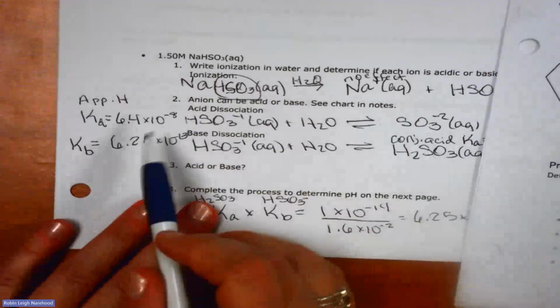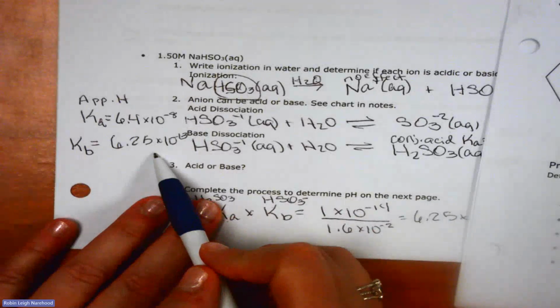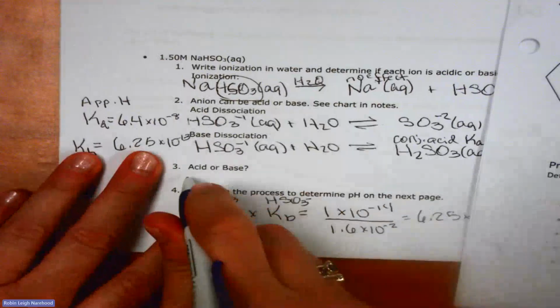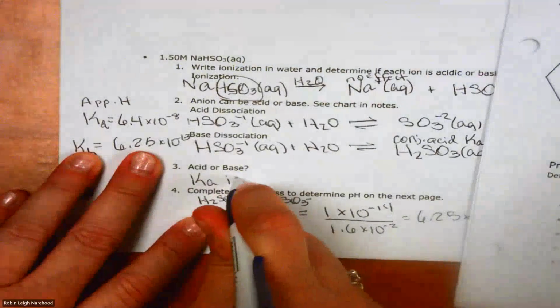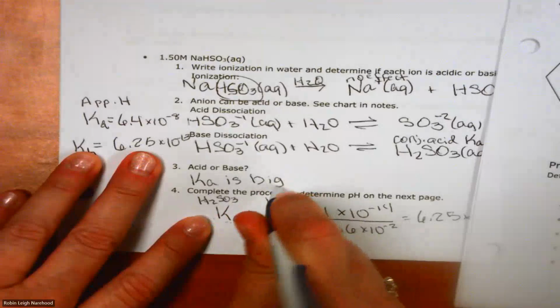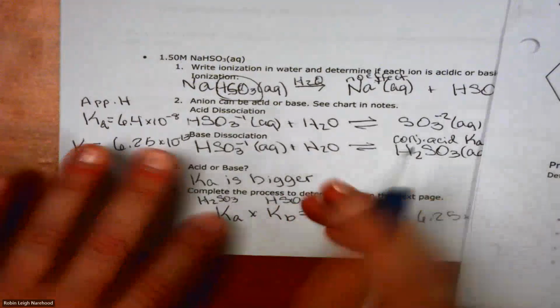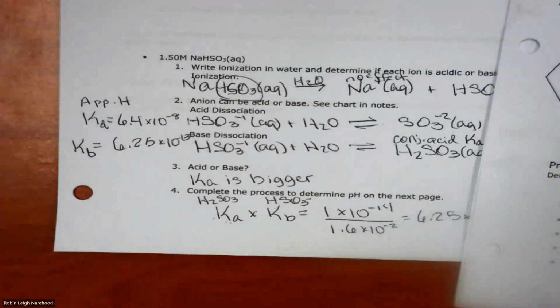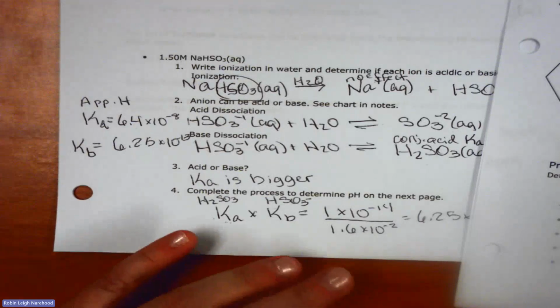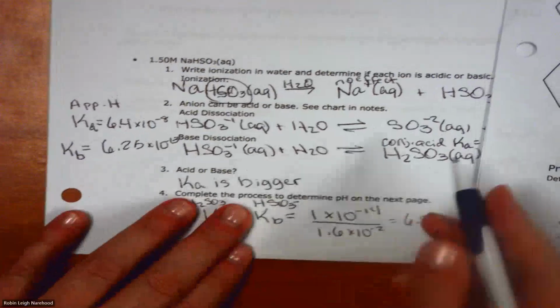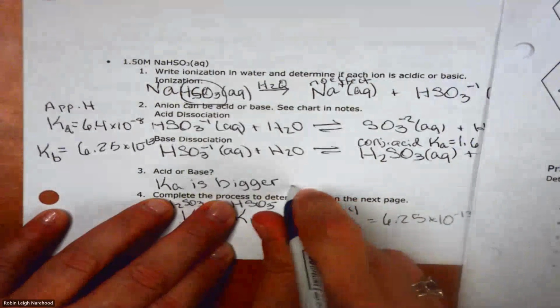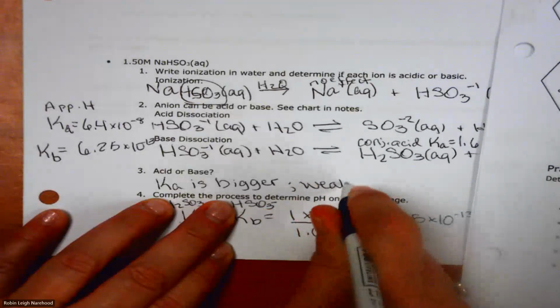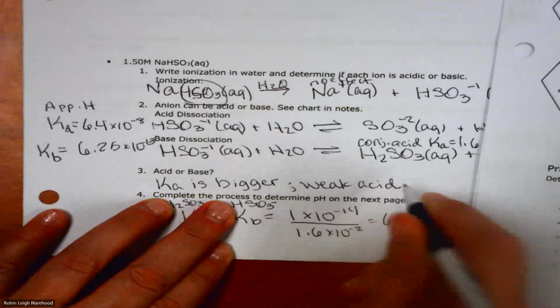So which is bigger, the Ka value or the Kb value? Ka is bigger. So when this thing dissolves in water, it ends up with a bigger Ka value, which means it is most likely to behave as an acid.